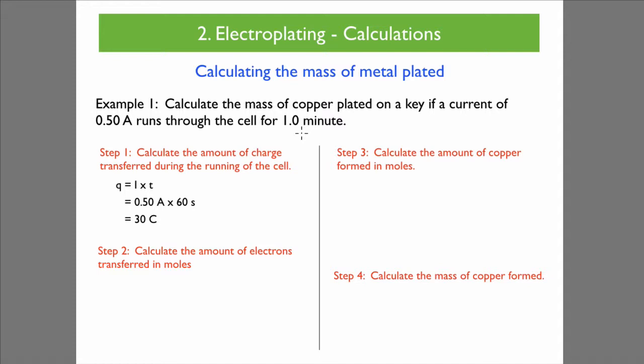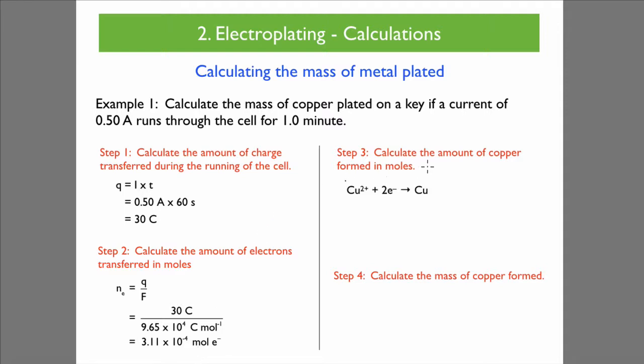We can put the current in, as in the question, and convert minutes to seconds to get the charge in coulombs. Next, we calculate the amount of electrons transferred in moles. We know the charge and we know Faraday's constant, so it's a simple case of plugging into the formula to find the number of electrons in moles.